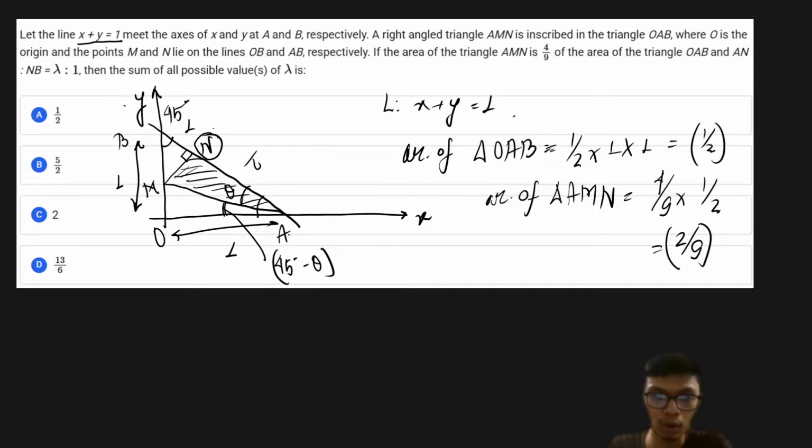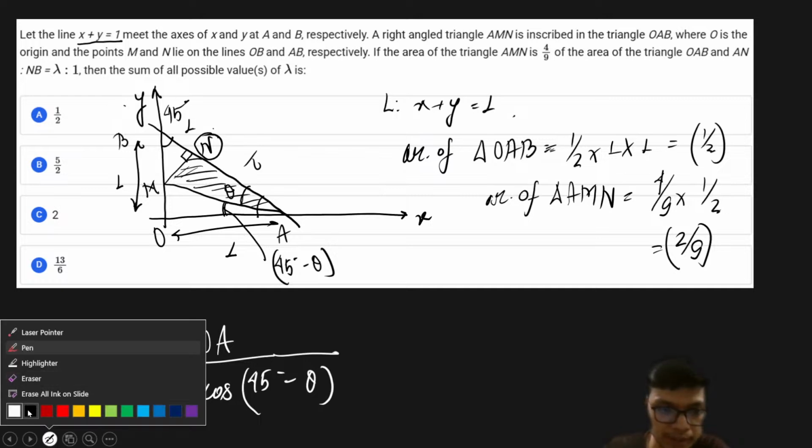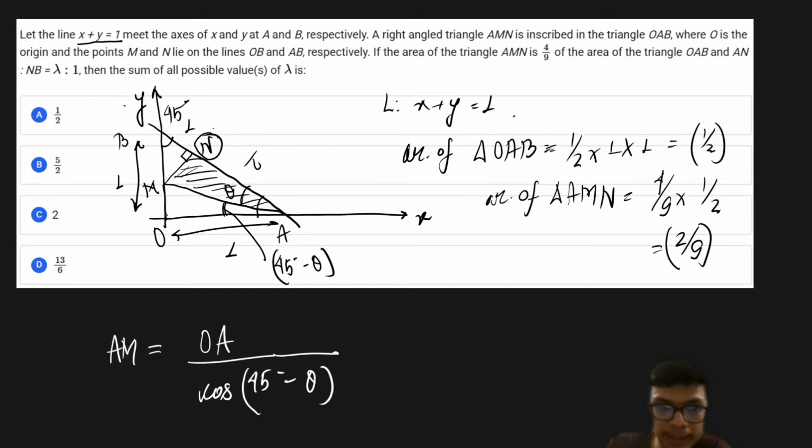Now, if this is given to all of you, then from here I can simply write AM. If I just use some simple trigonometry, I can write AM as OA divided by cos of 45 minus theta, right? So if I use this trigonometry in triangle OMA, then I can write AM as OA divided by cos of 45 minus theta. And I can also find AN.